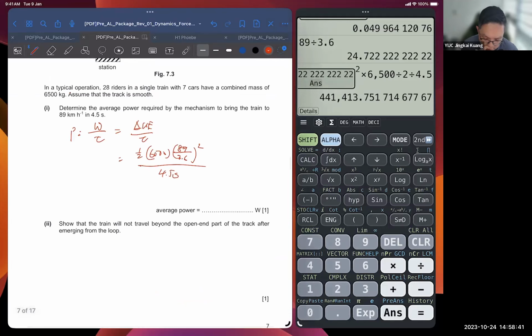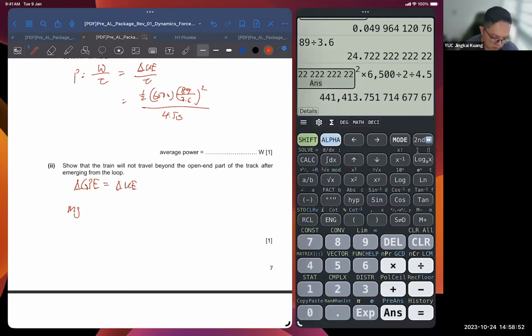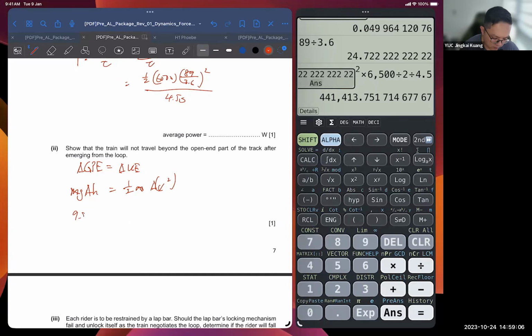So delta GPE is equal to delta KE. So this is mg delta h equals half m delta v whole thing squared. We substitute in. We can cancel off the m's, we don't need the m's. So this is 9.81 delta h. Let's put delta h there first.